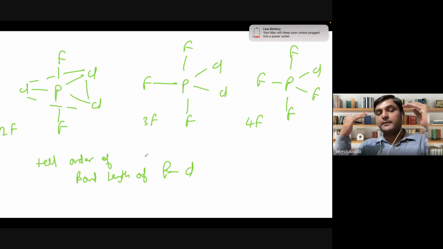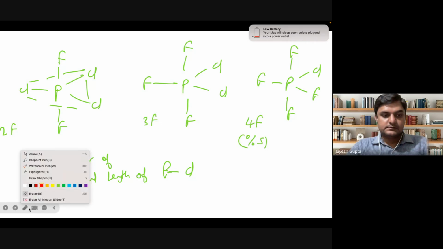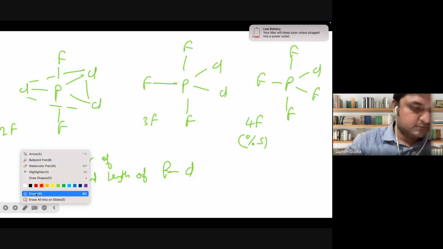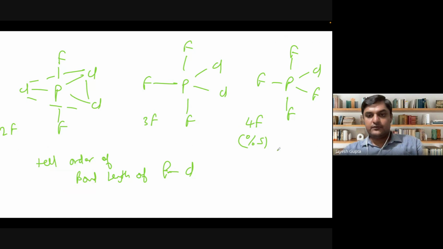So when electronegative atoms increase, percentage s character decreases, because the higher EN atom will try to take the place where EN is less and percentage s is less. So here the percentage s of fluorine will decrease very rapidly.